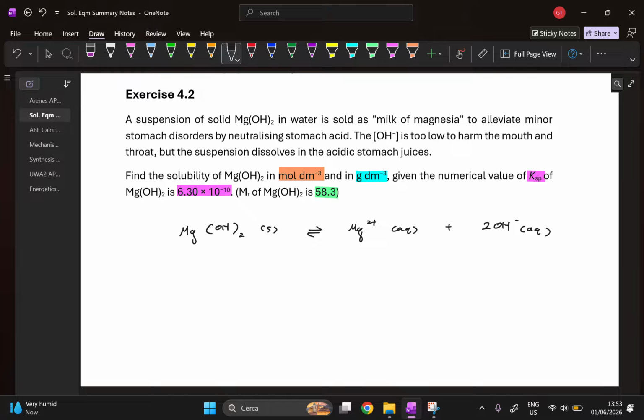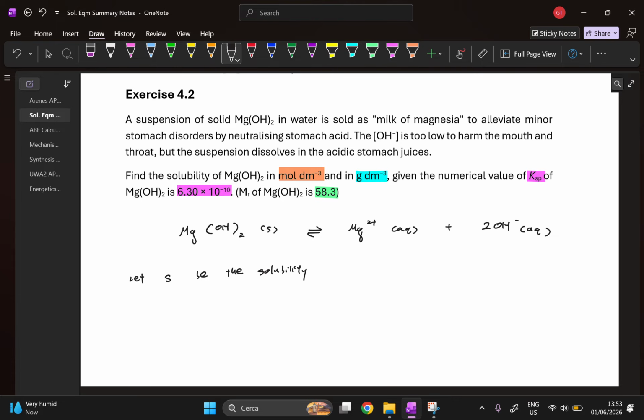So pay attention, this algebraic method involves letting an unknown quantity S be the solubility of Mg(OH)2. In this case, this S is actually the solubility in both mole per dm cube and grams per dm cube, so I don't think I should highlight it in blue.